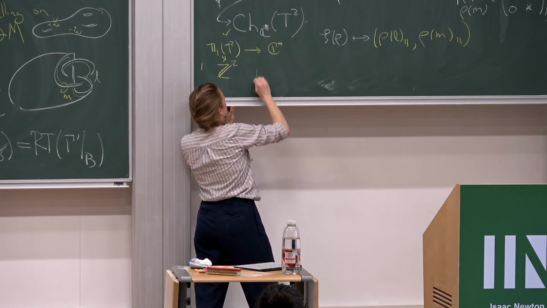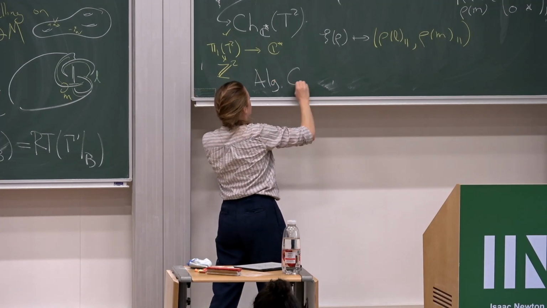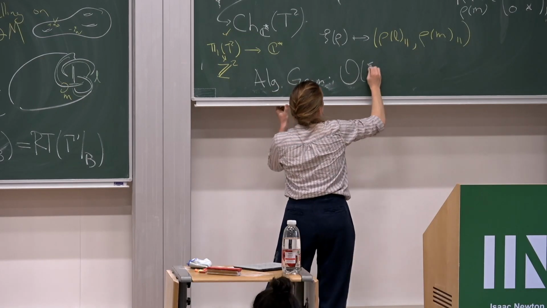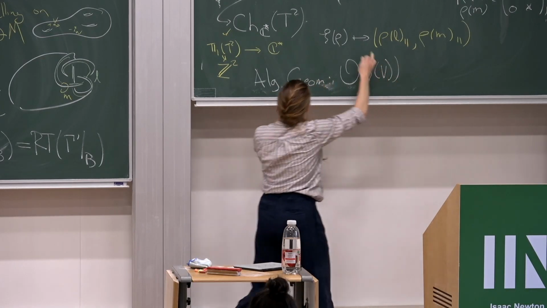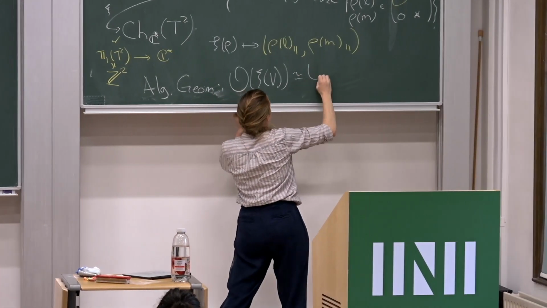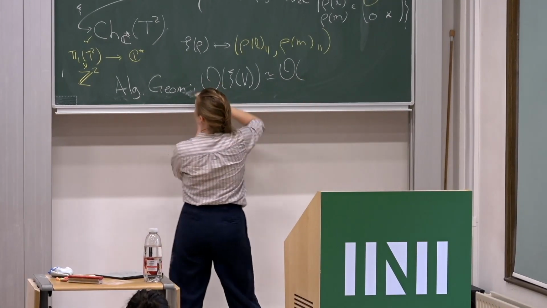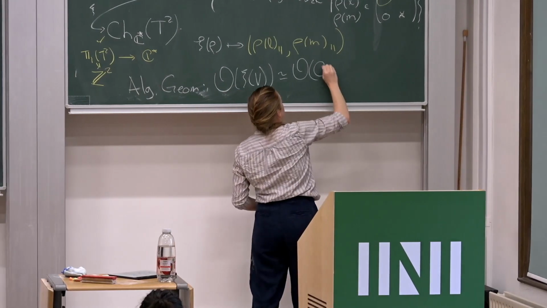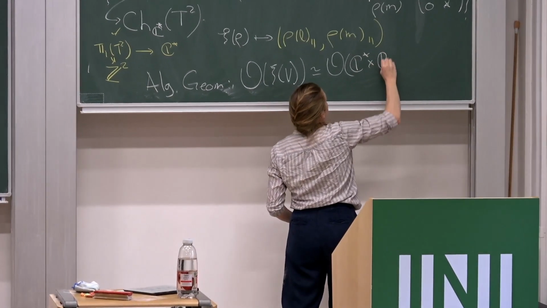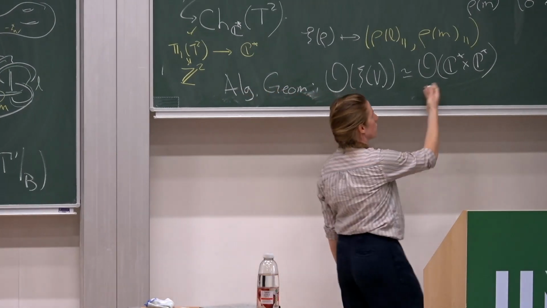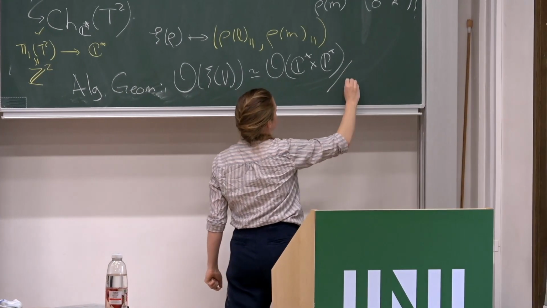What you get, using a little bit of algebraic geometry, is that if you look at functions on the image of this space, it looks like functions on the whole thing. Here we agreed it's just two pairs of numbers, so it's functions on C star cross C star. But I'm not looking at the whole thing, I'm looking at a subspace, so I get this algebra mod some ideal.